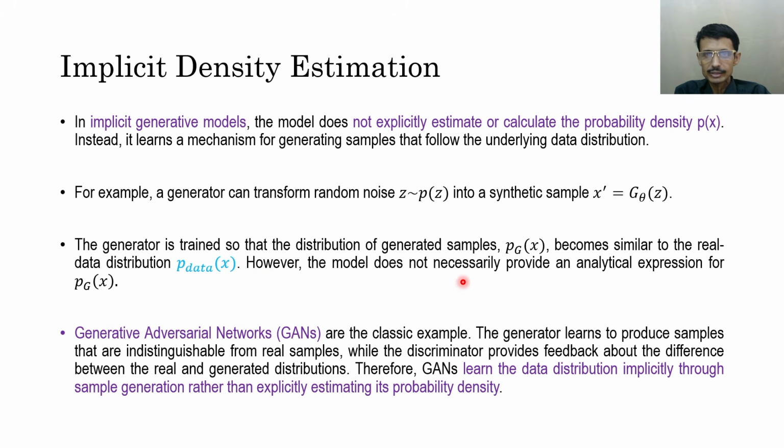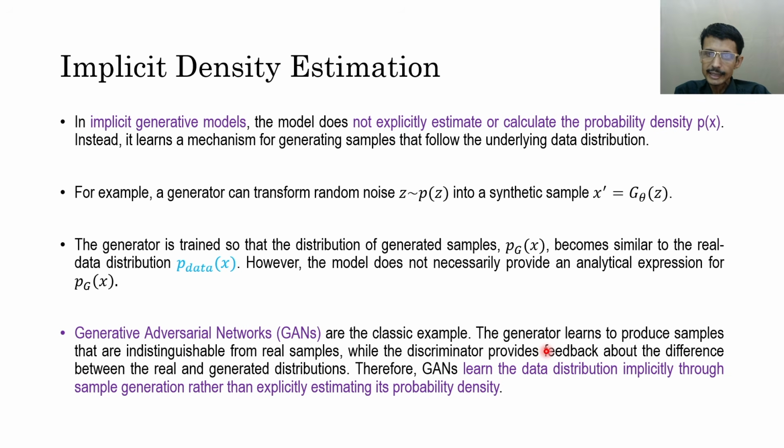However, the model doesn't necessarily provide an analytical expression for P_g of x. The most popular example here, the generative adversarial network, is a classical example of this.